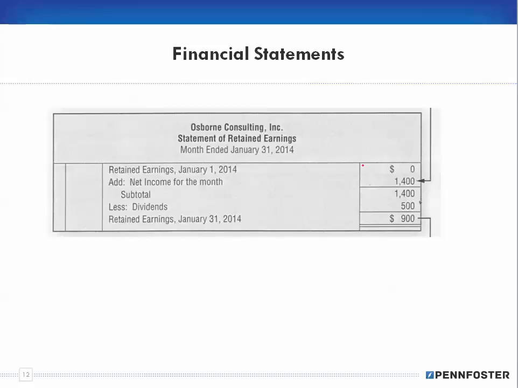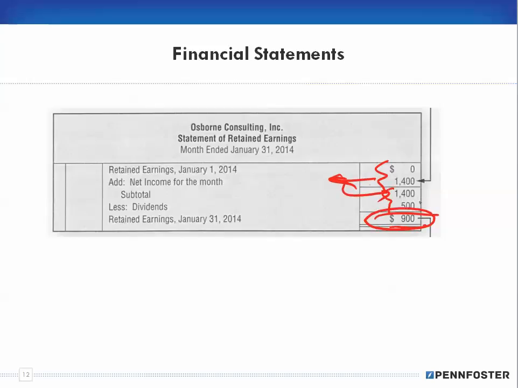Notice that I could have used more than one column because these are a mathematical calculation of two numbers. I could have made that one column to the right and put my subtotal in the left-hand column, and then I could have subtracted these two out and had my balance.